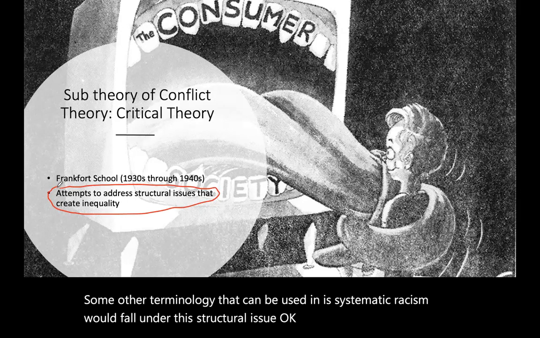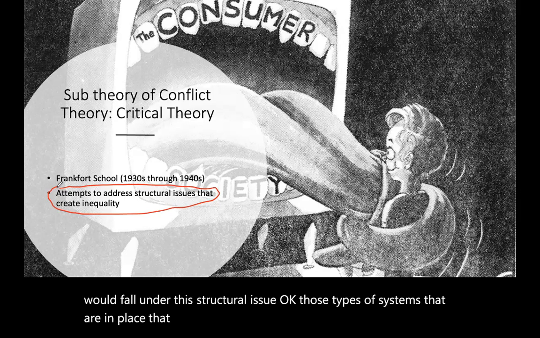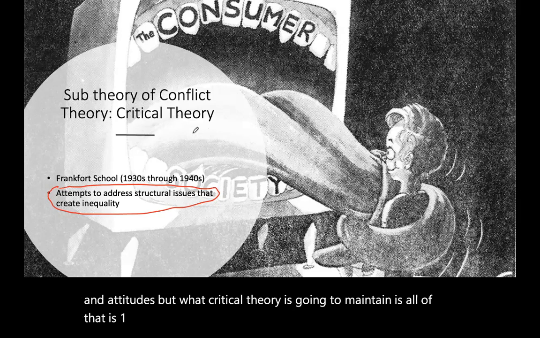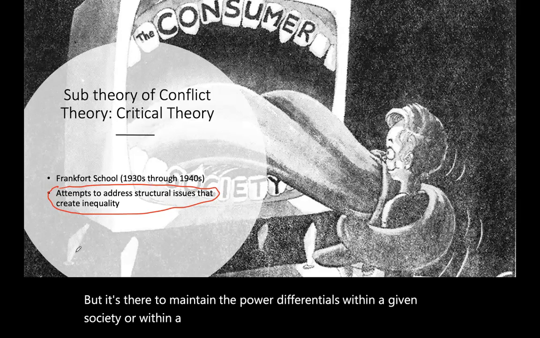Those types of systems that are in place that continue the promotion of things like racist thoughts and attitudes. But what critical theory is going to maintain is that all of that is fictitious, but it's there to maintain the power differentials within a given society or within a given community.